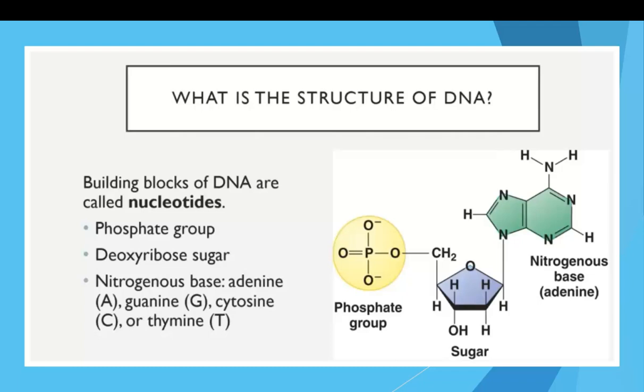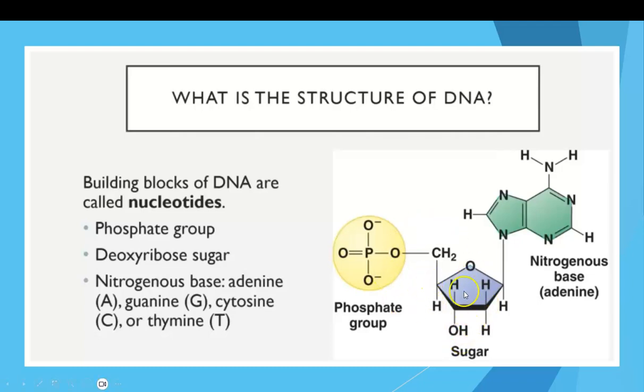Adenine and thymine are complementary to each other, and guanine and cytosine match each other. And as you know, the DNA backbone is made of a phosphate group and a 5 carbon sugar that we know as deoxyribose sugar.